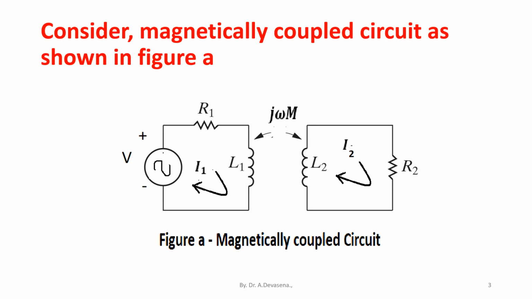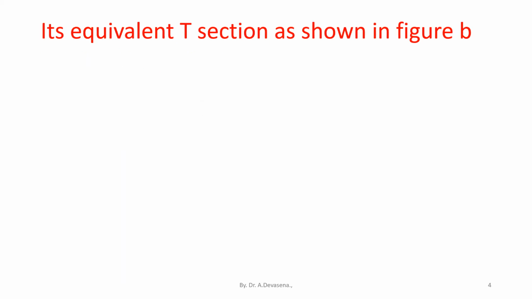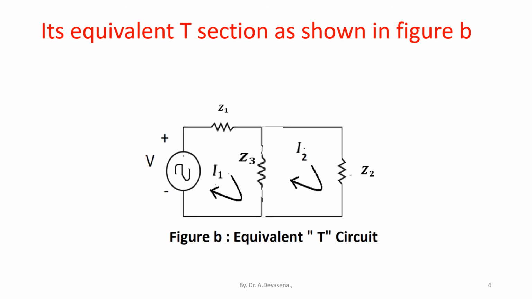Due to the magnetic coupling, current I2 is flowing in the second loop. This is indicated in this diagram. Its equivalent T section is shown in figure B. This is the equivalent T section representation of figure A, that is, the magnetically coupled circuit.